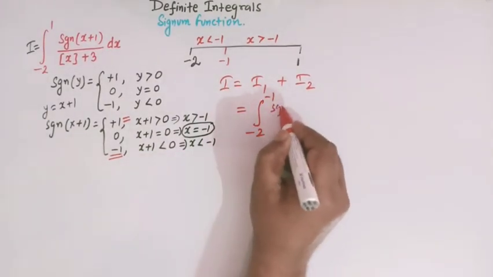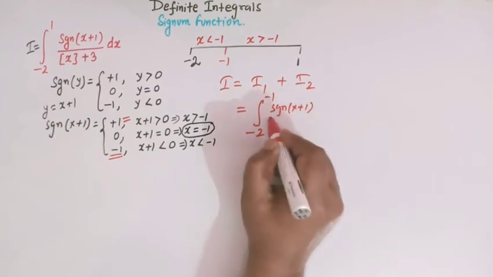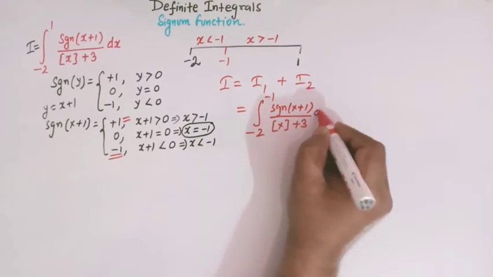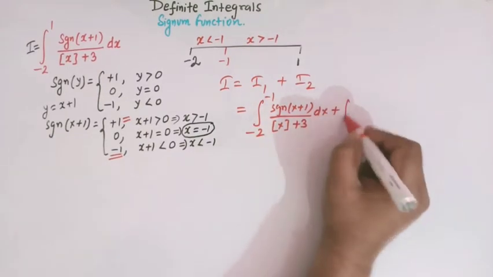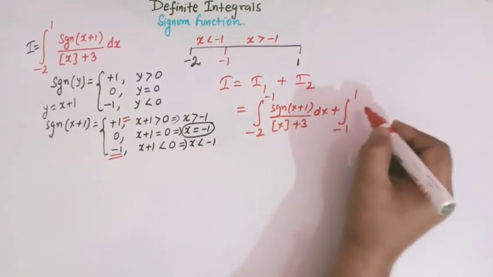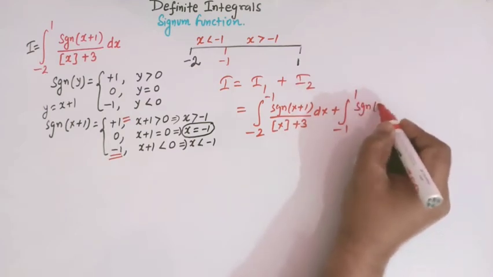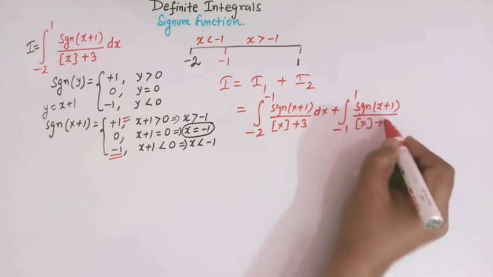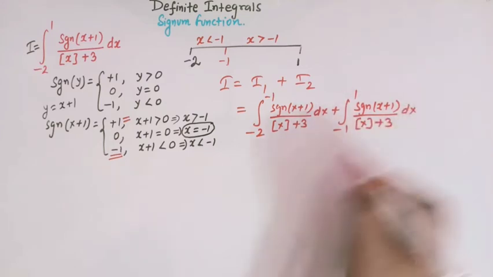And we have signum of x plus 1 over greatest integer x plus 3 dx, and I2 is from minus 1 to 1, and we have signum of x plus 1 over greatest integer x plus 3 dx, right?